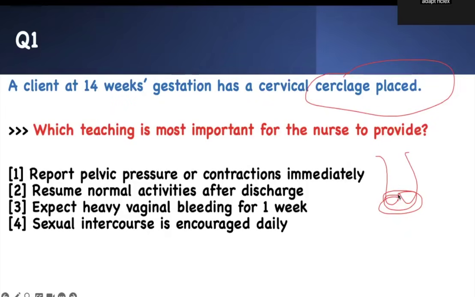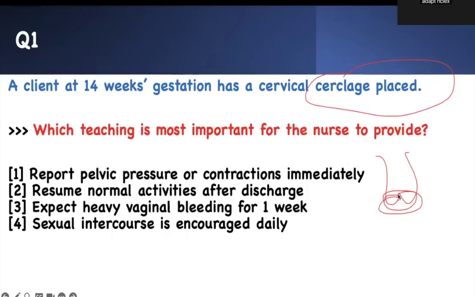Based on the content, what do you think you should provide the mother? Do you want them to have intercourse? Do you teach them that there's going to be vaginal bleeding for almost a week? Resume their normal activity? Or when they feel pressure or contractions, immediately they should report it to you. If they go into labor, they should let you know. Which answer choice tells you that the patient is in labor?